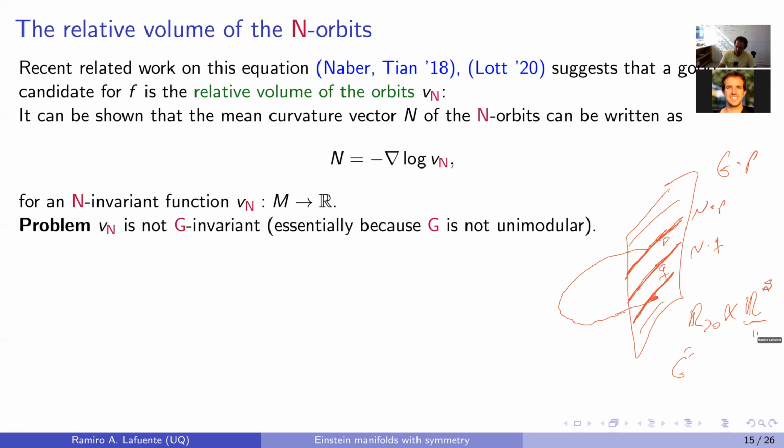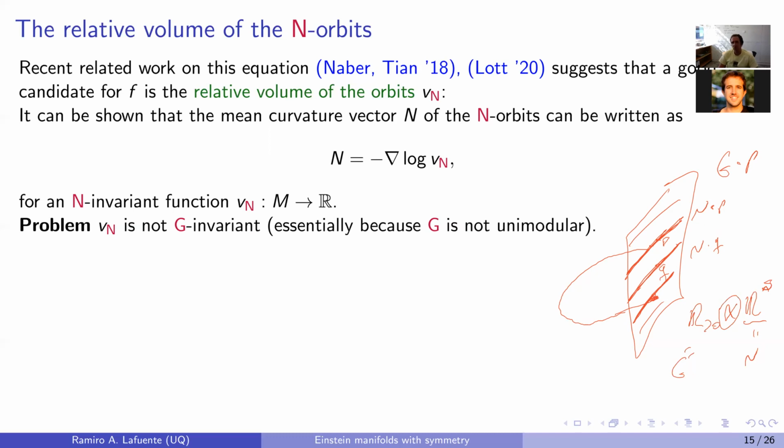Remember, this action of R on R^s is not by matrices of determinant 1. So that will change the determinant of my metric. And that means that V_N is not G invariant.